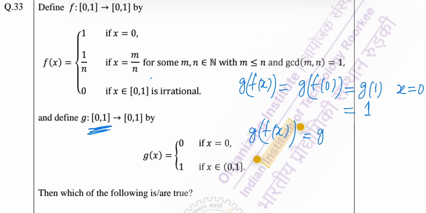So I put 1 by n here, and g(1/n). Obviously 1 by n is not equal to 0, because n is a natural number, and any natural number is not 0. So we have to take this value. g(1/n) will be 1. So here it will be 1, for x equals a rational number.